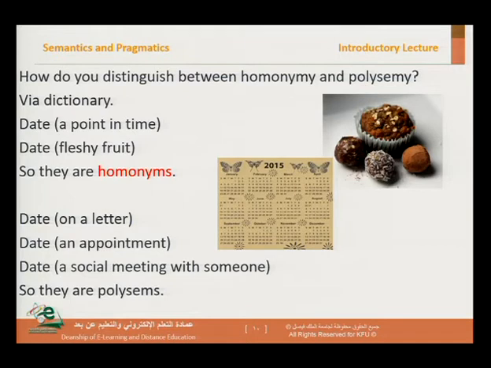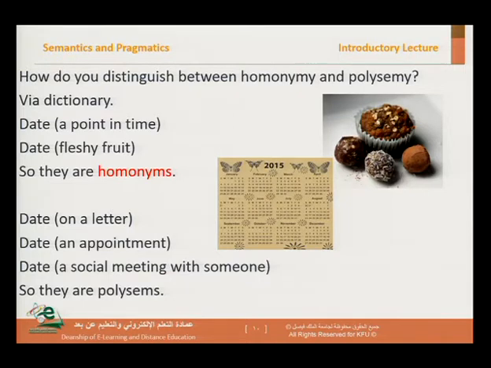Or a date as when people meet socially. They go and meet with someone else, so they have a date. Again, these three shades of meaning relate to time. That makes them polysemy, not homonymy.